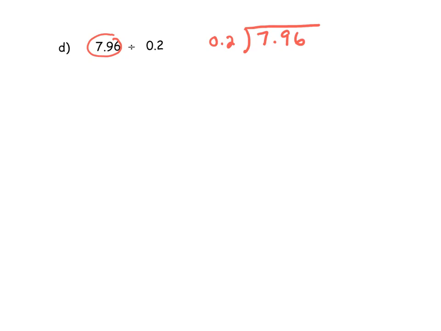I cannot have a decimal in the number outside the house. The number outside the house is called the divisor. So if I look at this number, sure enough, there's a decimal in that number, and I cannot have a decimal in my divisor, or the number outside the house. So what I'm going to do is I'm going to scoop it so it's now here.